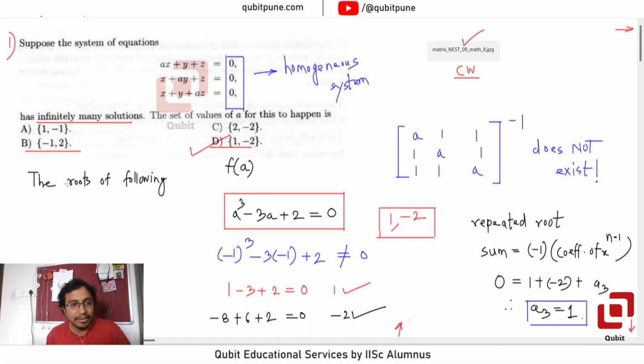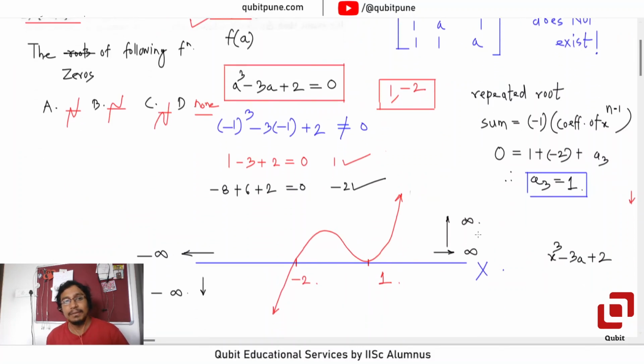Okay, so you can say the zeros of the following function, and in this there will be 4 curves given to you like this, and you have to pick the right one. Okay, so which one will you pick? You'll pick that one where 1 is the double root and that is positive. The double root is positive, so this is that, and then this is minus 2. Clear?